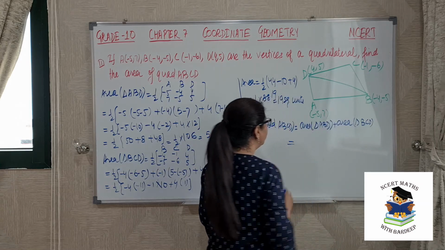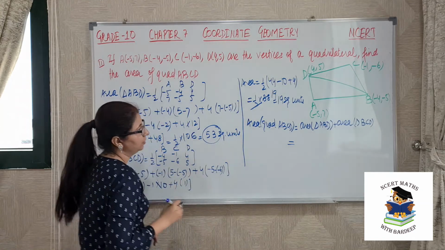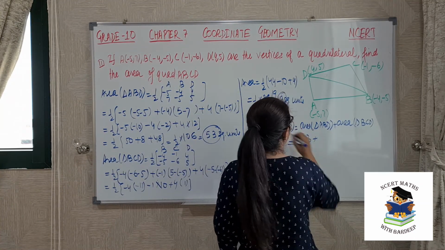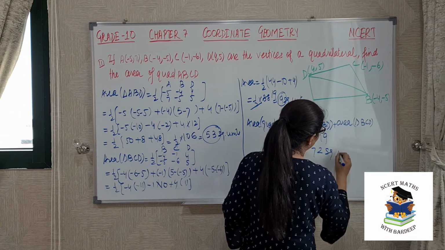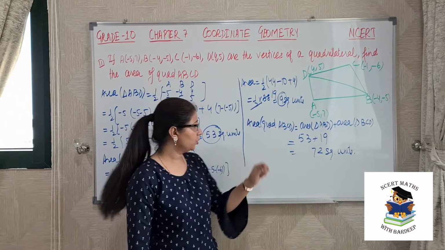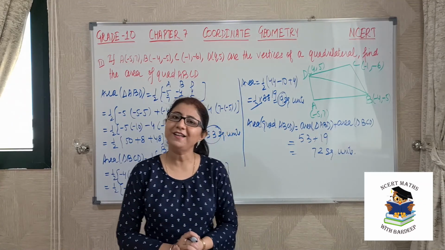Okay, so ABD is how much? 53 units. So this is 53 and BCD is 19. So 53 plus 19 is 72 square units. Okay. So now I hope you can find the area of quadrilateral when all the vertices are given to you.